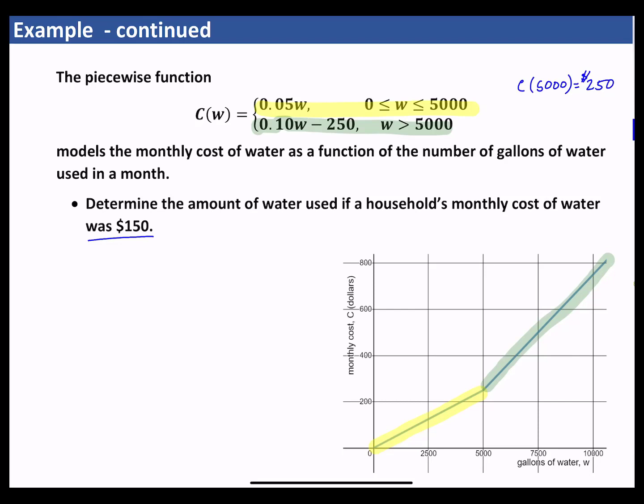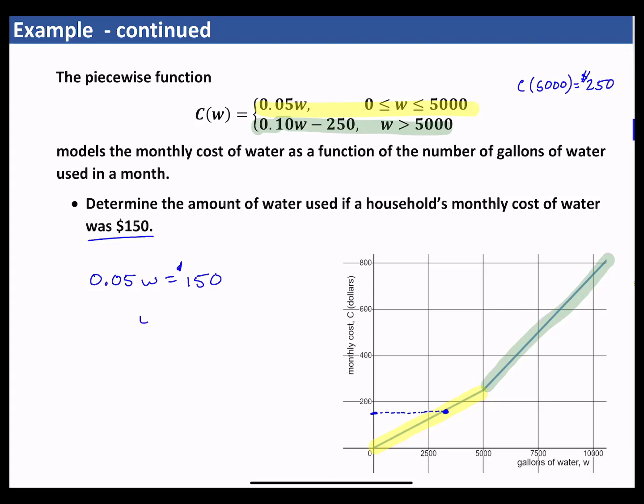So what that tells us is that we can use the first piece to determine the amount of water usage that would result in a monthly cost of $150. The graph also satisfies this. So $150 is maybe about there. And so we see that at $150, the cost is going to intersect the first piece of our piecewise function.